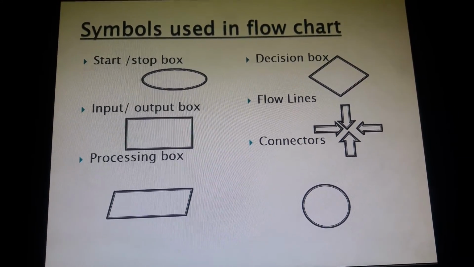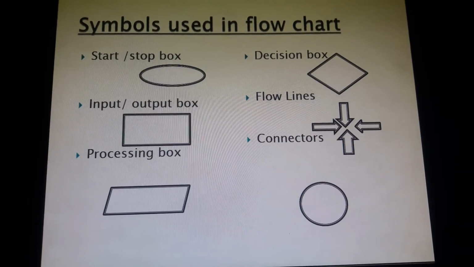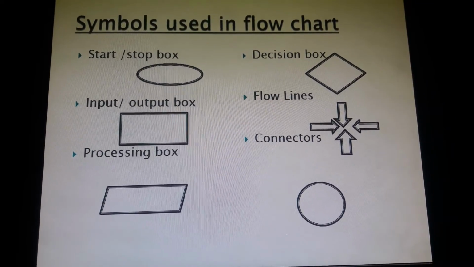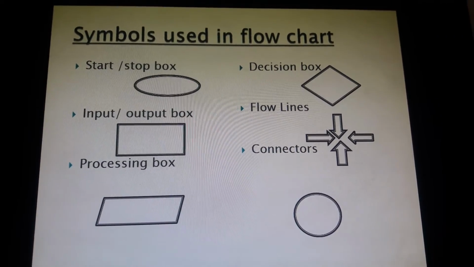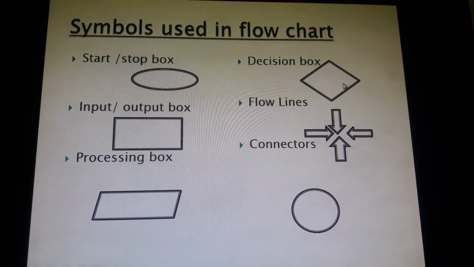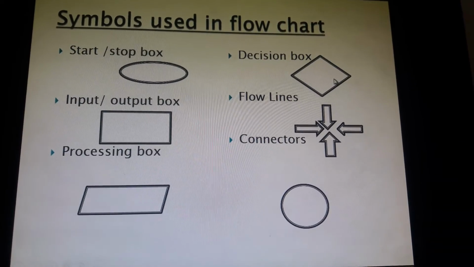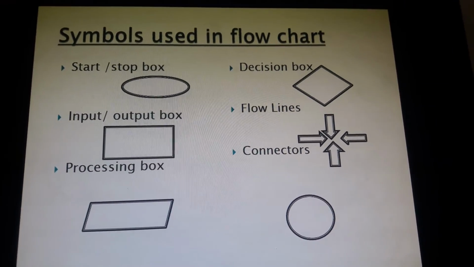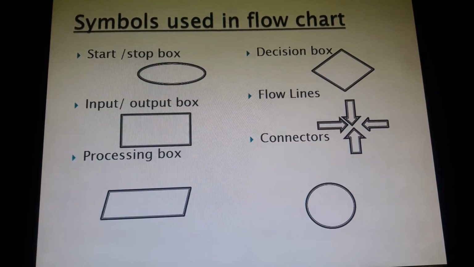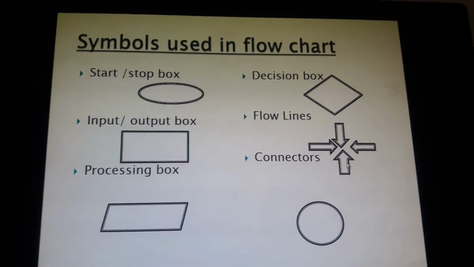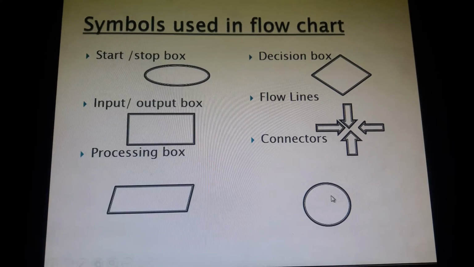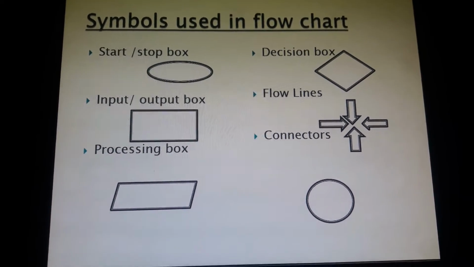Processing means what task will be done here, generally we'll use it for calculation. Decision, to take the decision, diagonal shape box. Flow lines, to join the shapes, and then connector to join the parts of the flow chart.